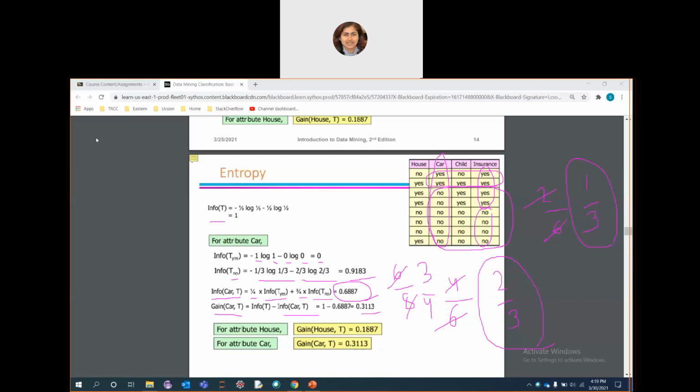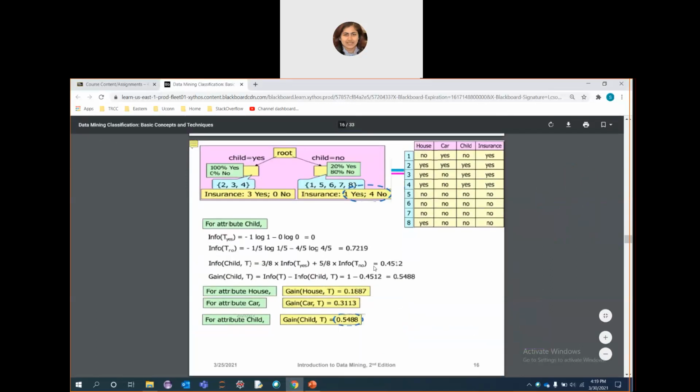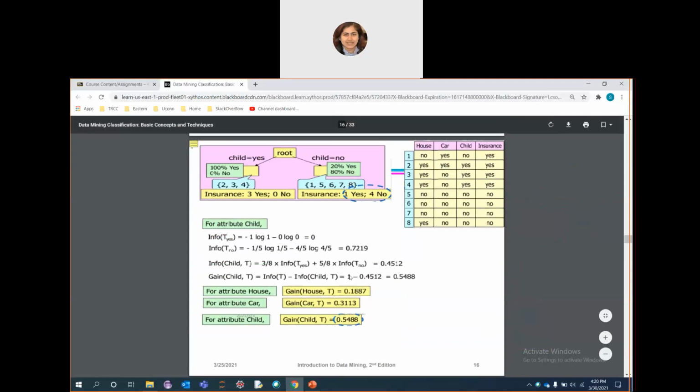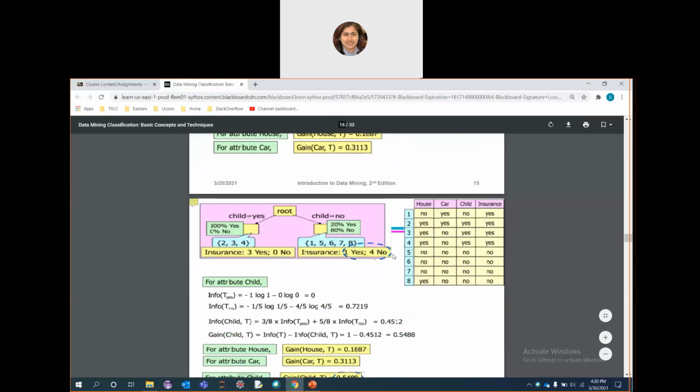In the next slide, we will find out in a similar way the entropy about the child. So let's repeat the same thing. The overall entropy for the given data set, that is T, will be 1, same here.